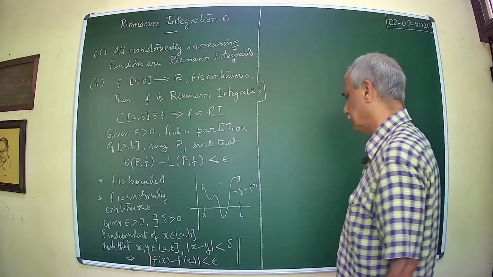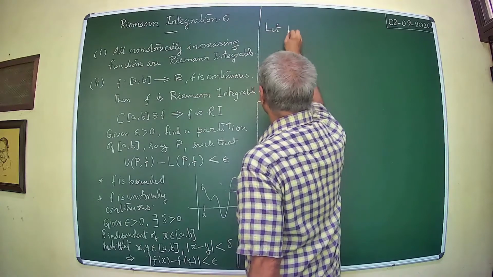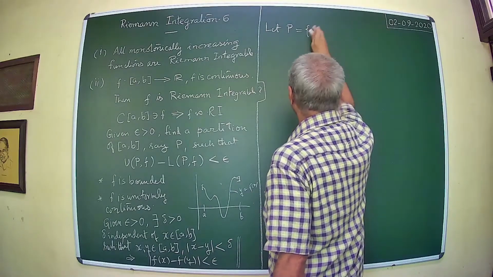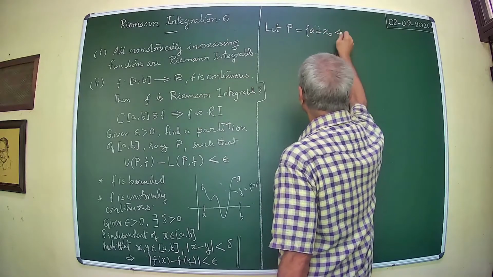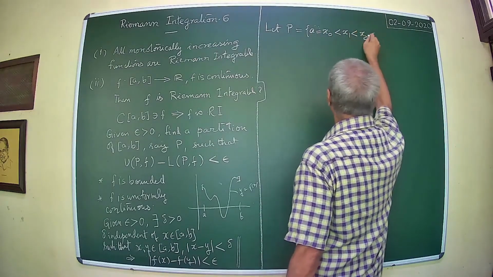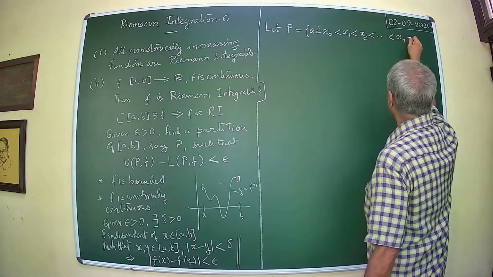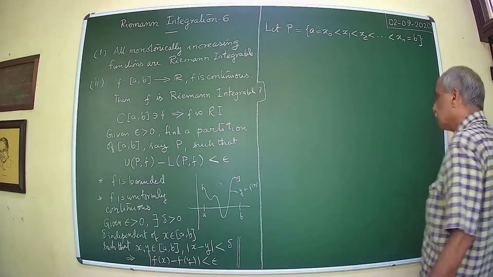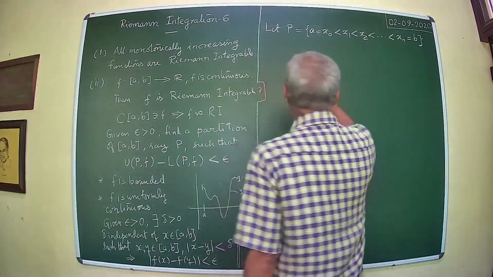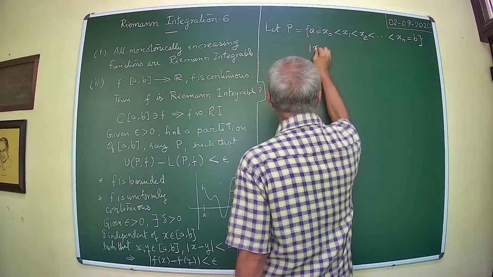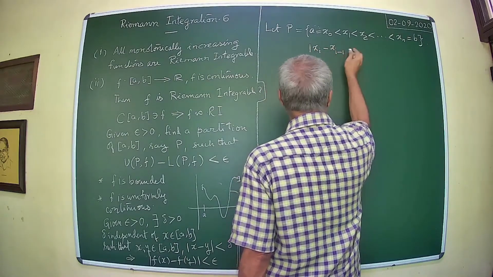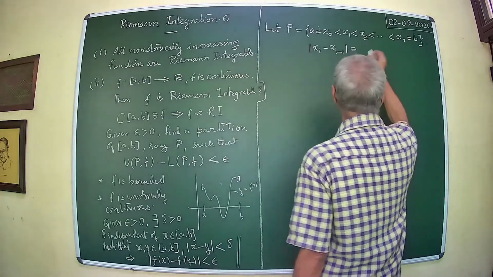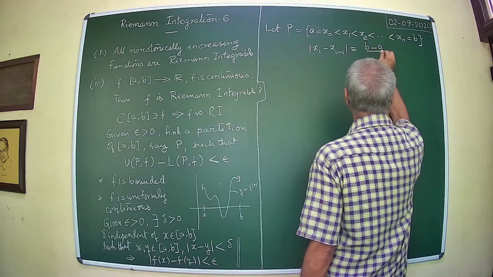Let us choose a simple partition. Let P be a regular partition, x naught equal to a, x naught less than x1, and we choose the distance xi minus xi minus 1, the length, to be equal to b minus a divided by n.